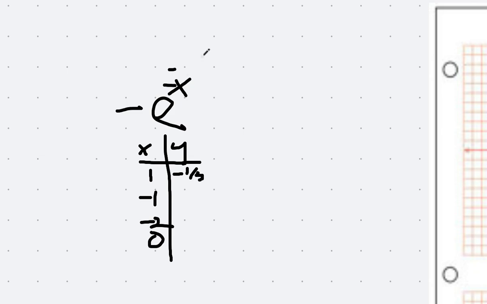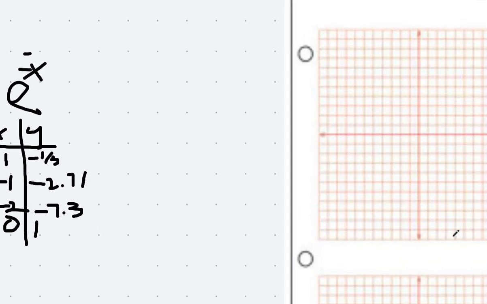At -1, -1 into negative is 1, e to the power 1 is 2.71, so minus 2.71. If we plug in -2, we get e to the power 2, which is about 7.3, so negative 7.3. And 0 will be negative 2.71 to the power 0, which is always 1, so negative 1.